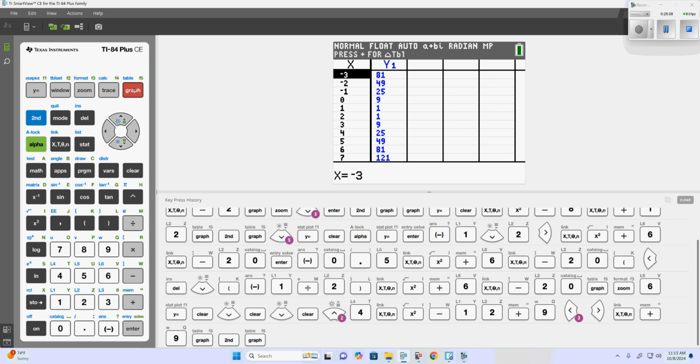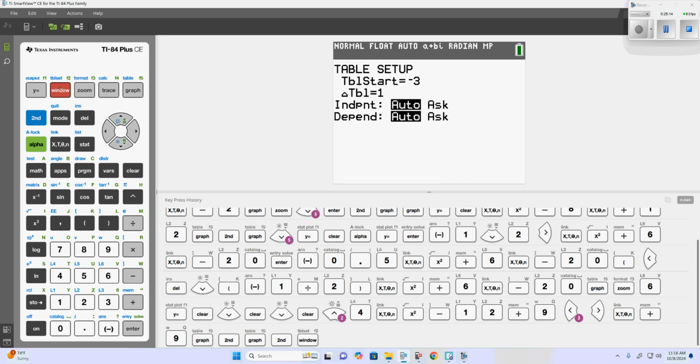I will show you this here. Second window, second table set. I would watch this because you need a little bit of insight to know to do this.